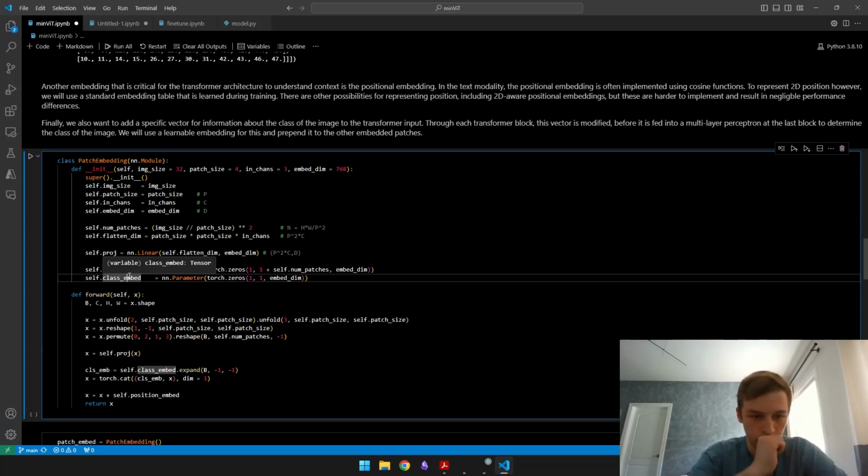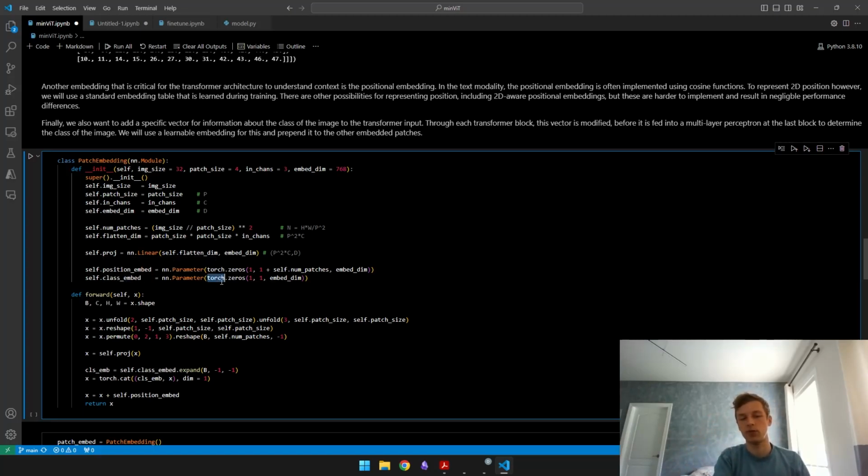Now, one issue we haven't discussed yet is how we classify these images once they pass through the transformer. The way that we do that is we add one more vector to the input. That's simply a class embedding. This will also be a learnable vector. We initialize this to zeros here.